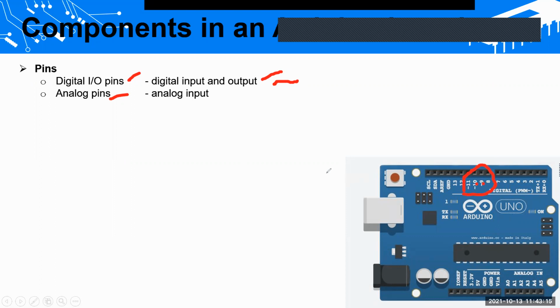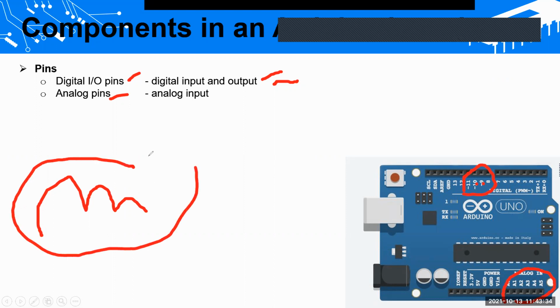Then if you're considering analog inputs, for that you can use these analog pins. In these analog pins, there is something called an analog to digital converter. The analog value coming from the analog domain is converted into a digital one.